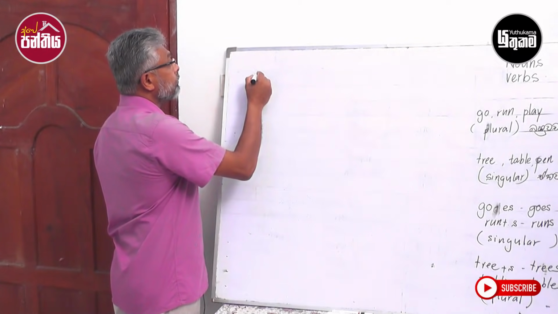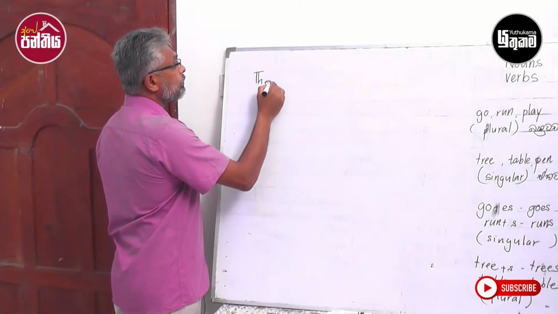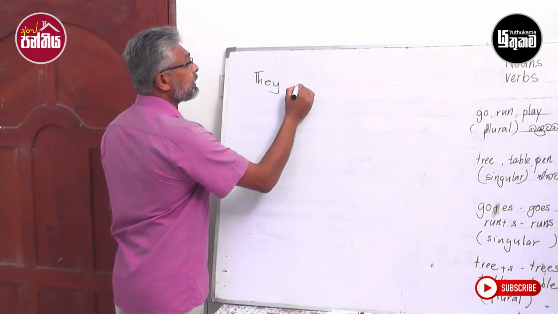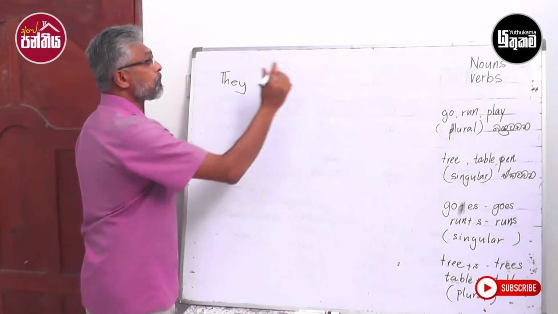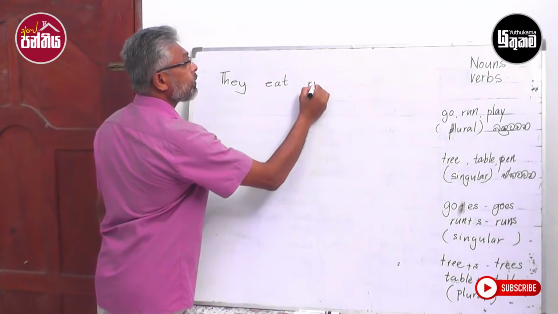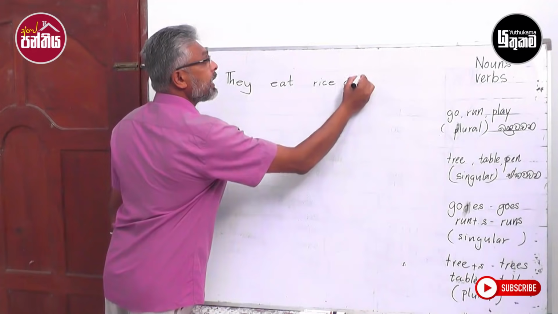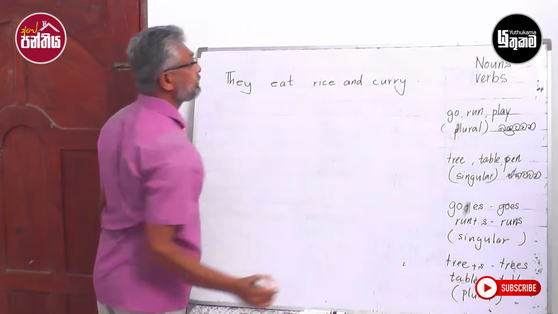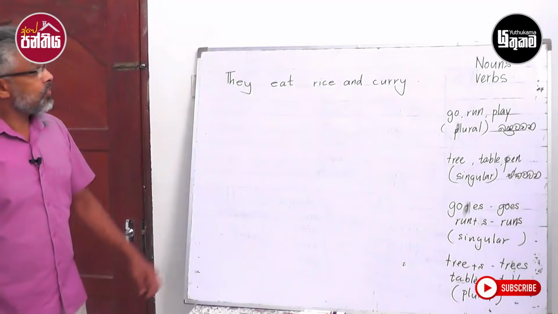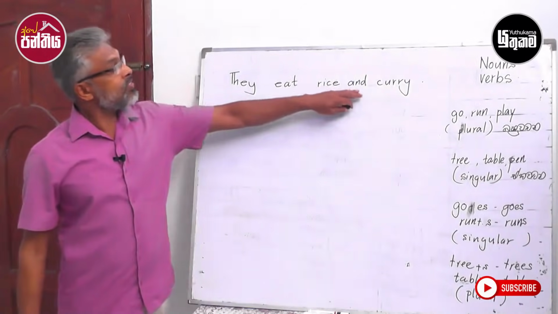Look at this one. They eat rice and curry. Now look at this sentence. They eat rice and curry.